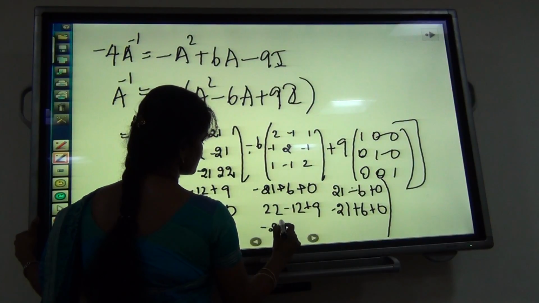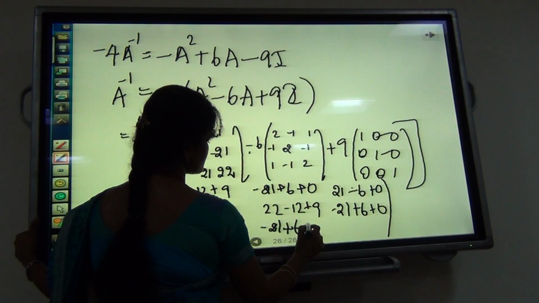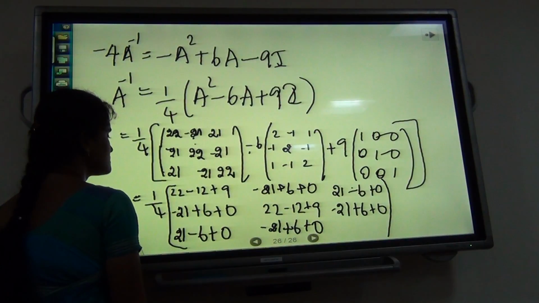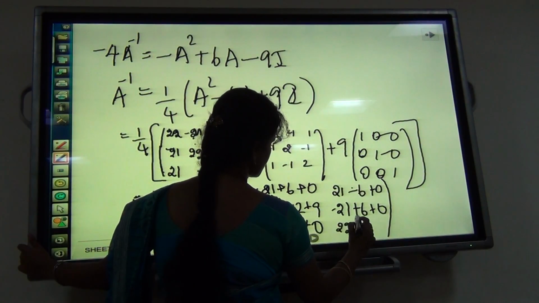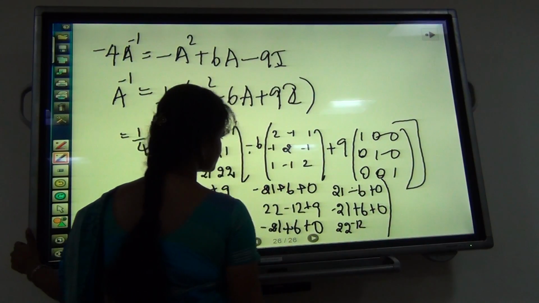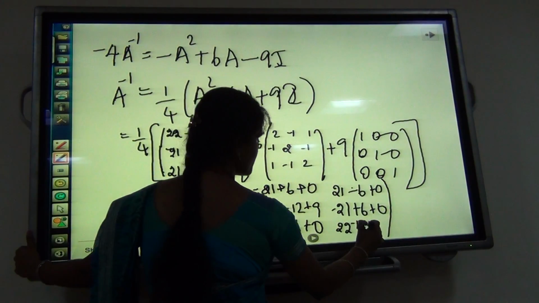Minus 21 plus 6 plus 0. 22 minus 12 plus 9.